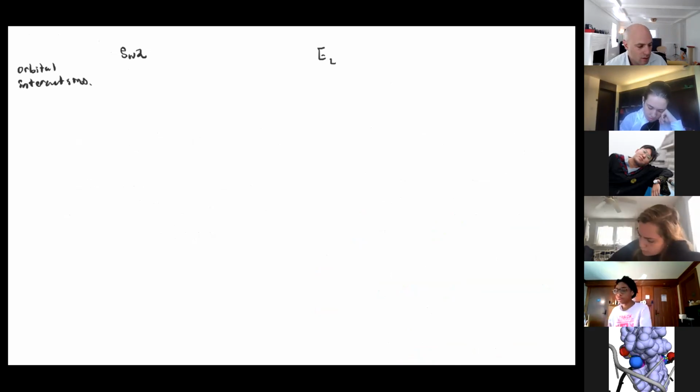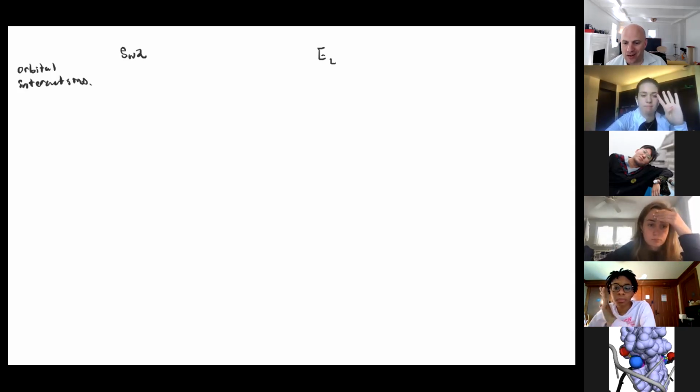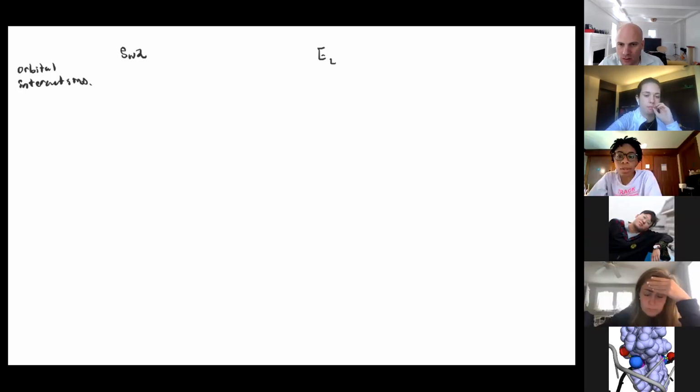What is the orbital on the substrate that I'm thinking about when I do an SN2 inversion? What do we say that the nucleophile attacks? Yeah, Ghana? The sp3 orbital of the carbon.